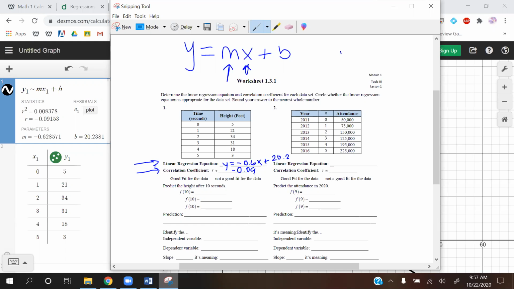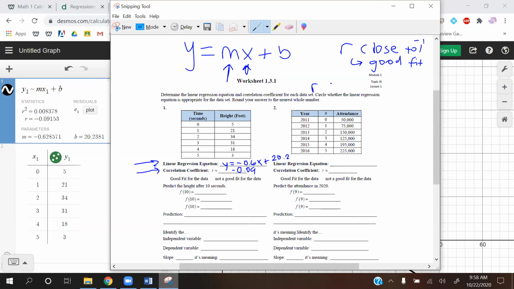So if the R value is close to 1, then it's a good fit. If your R value is close to negative 1, so I should say close to 1 or negative 1, it's a good fit.